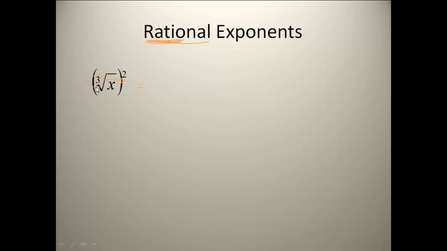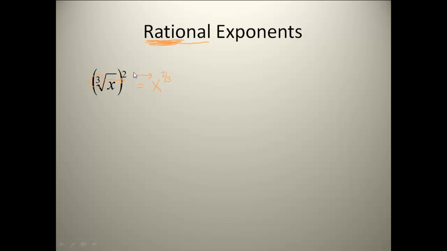So if I were to have the cubed root of x squared, I could rewrite that as a rational exponent and write it as x to the 2/3 power. So see this rational part, the ratio is the 2/3 and it's my exponent. So now I have x to the 2/3 power.